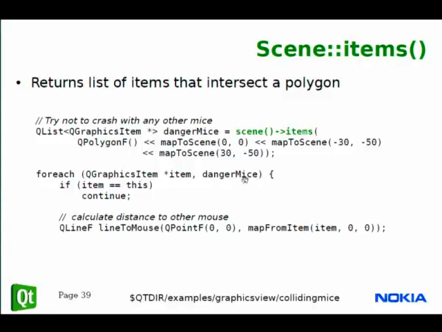And if we wanted to calculate the distance from our mouse to other mice, we could do it this way. Just take the 0, 0 origin and then map from the item coordinates of that item's 0, 0, and that gives you a line, and then you can calculate the length of that line to figure out how far it is.